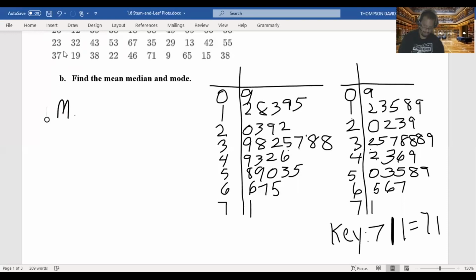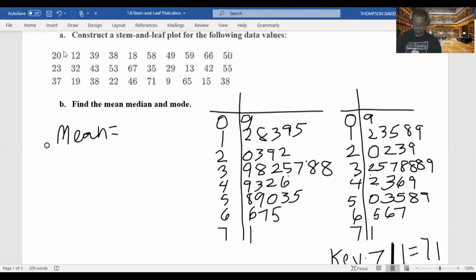Now to find the mean. All we do is add all of our numbers together and divide by the total number of numbers.